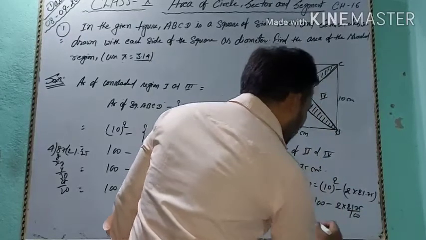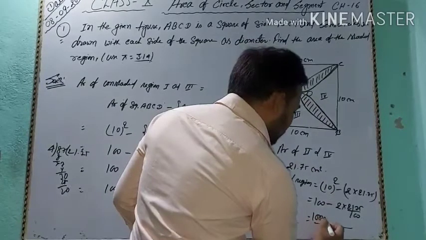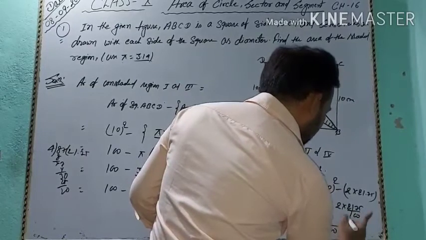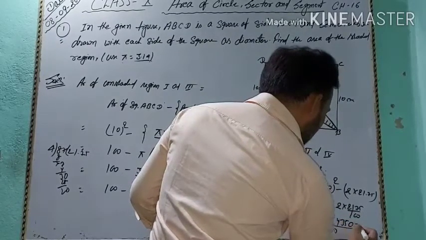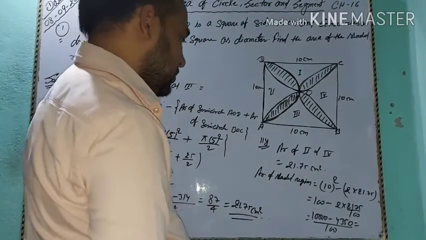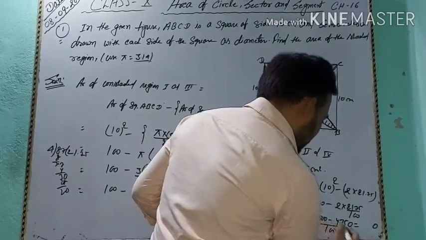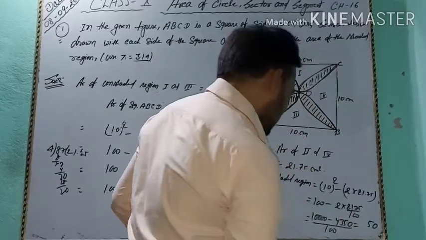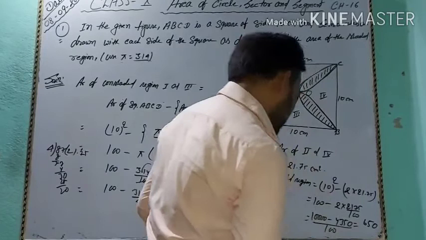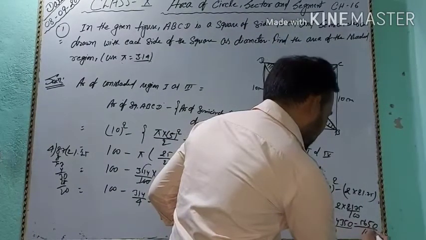Okay, for students, take LCM 100, so 1 minus, the rest is 0, 5, 6, 5 by 100. 0 is cancelled.